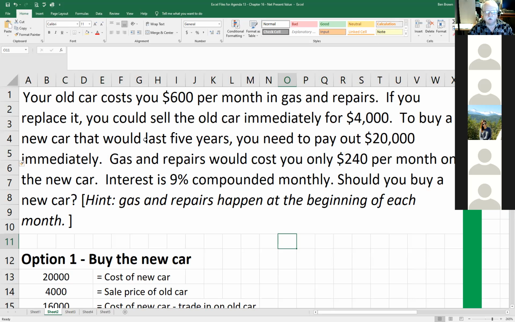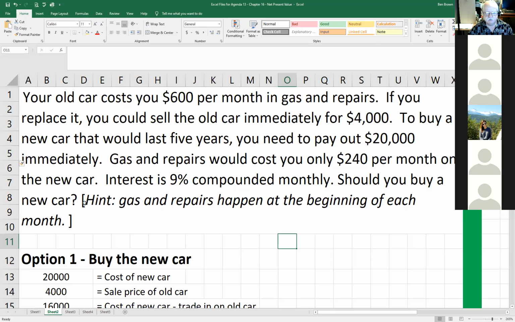To buy a new car that would last 5 years, you need to pay out $20,000 immediately. Gas and repairs would only cost you $240 per month on the new car. Interest is 9% compounded monthly. Should you buy a new car?